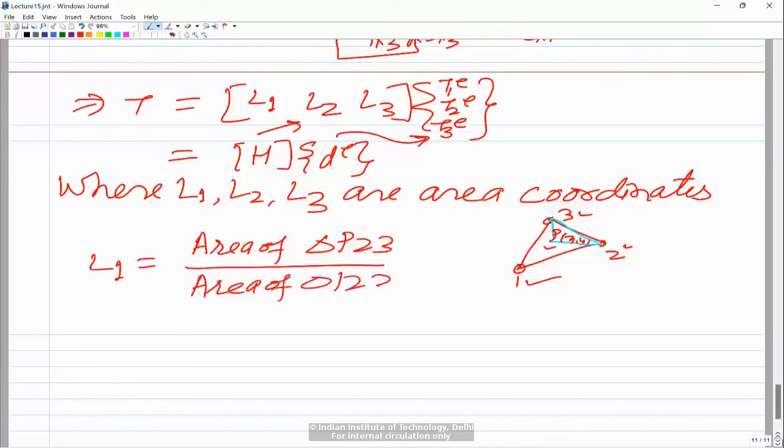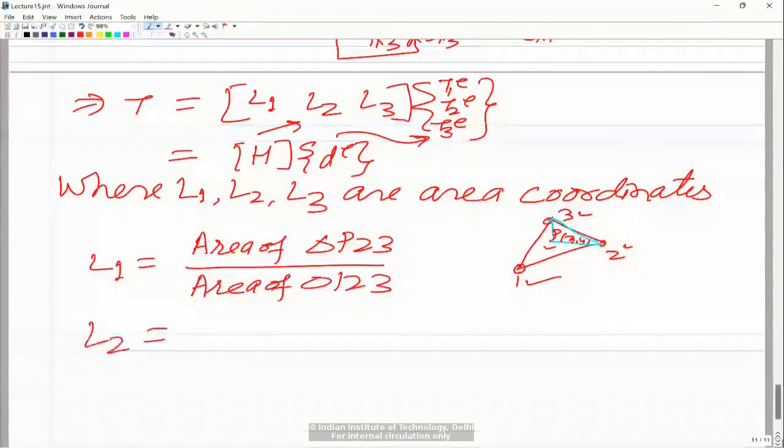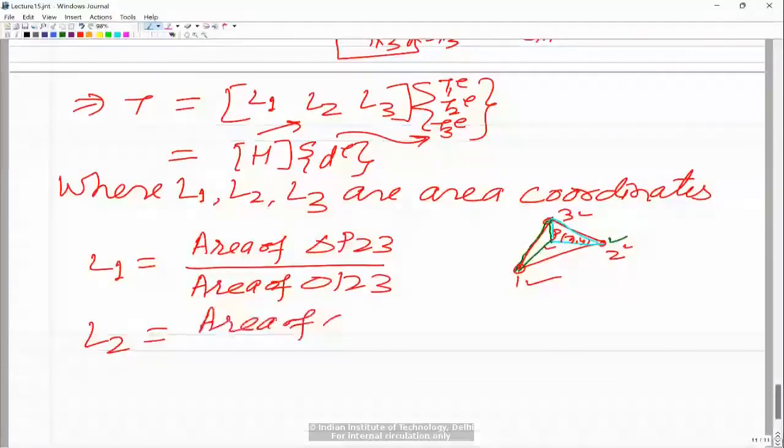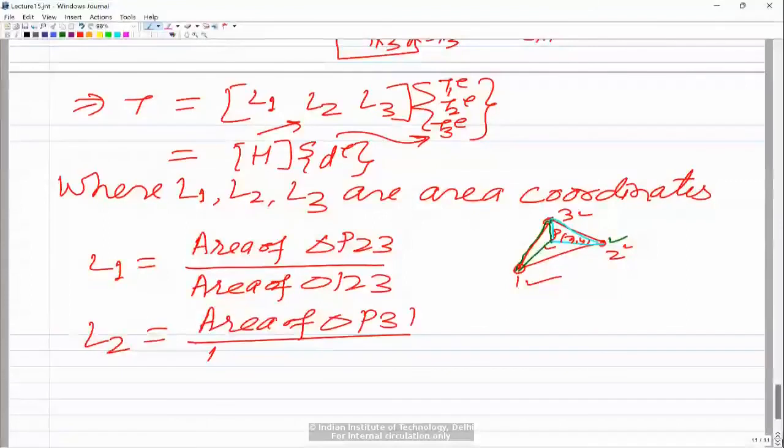This is what comes out as L1, and similarly L2 is the shape function corresponding to node number 2. For node number 2, we take the smaller triangle in front of node number 2, going from P to 3, 3 to 1, and then 1 to P, in the anti-clockwise order. So L2 is the area of triangle P31 divided by the area of triangle 1, 2, 3.